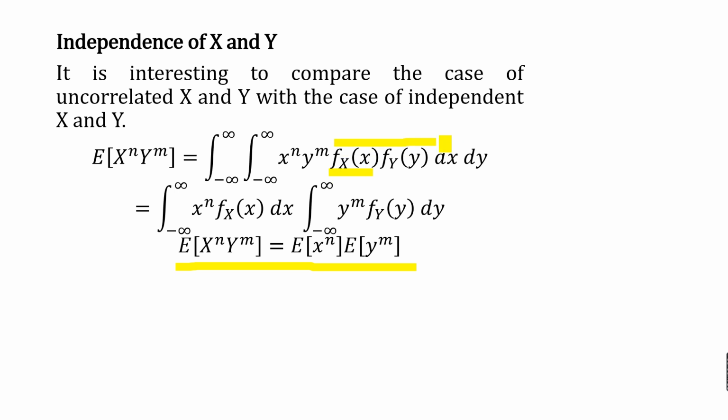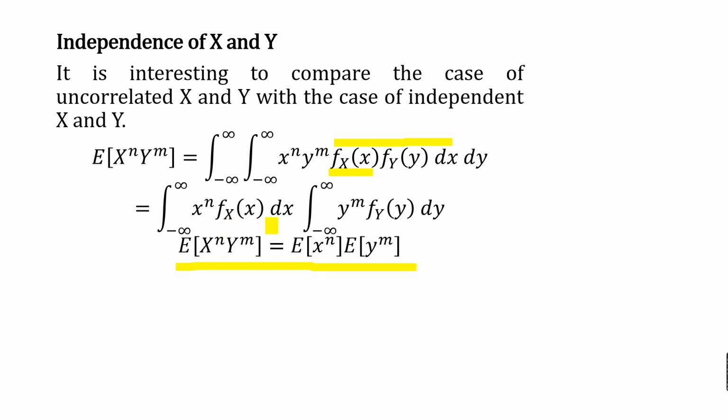Here we write f of x, y as a product of two single random variable densities only if they are independent. Using that concept, a bivariate PDF is replaced as a product of two single random variable probability density functions.